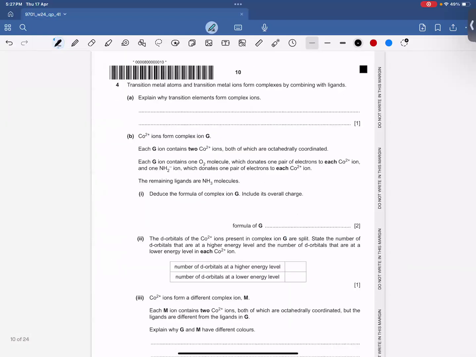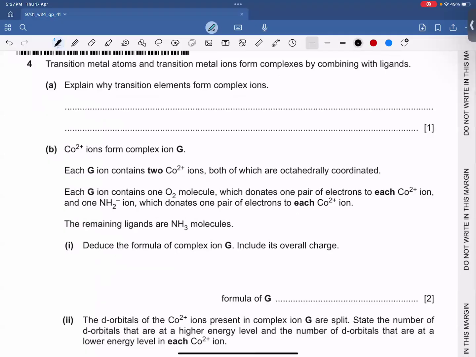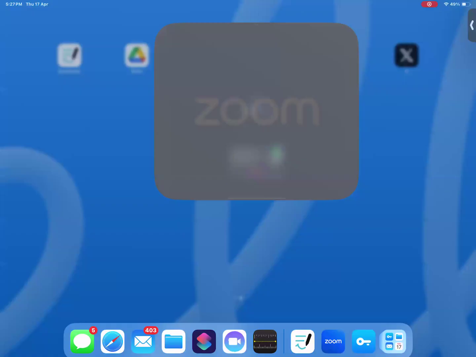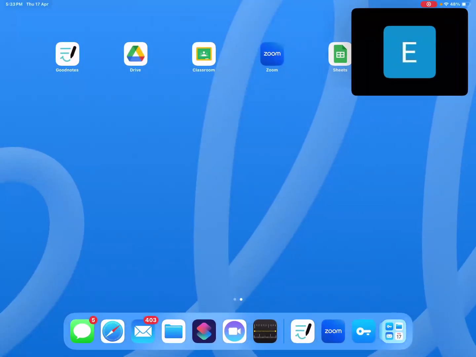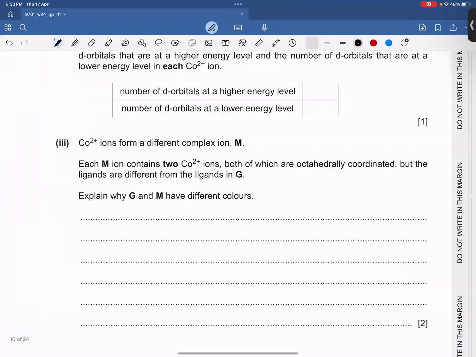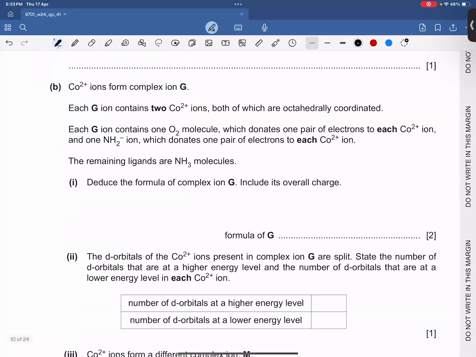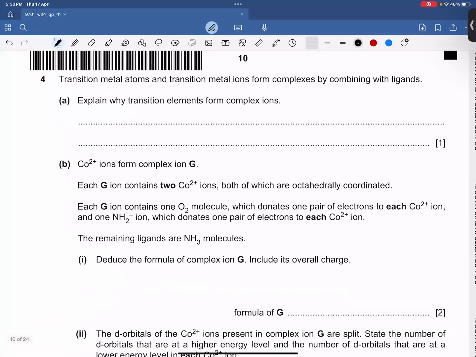Question number 4. So let's start question number 4. Transition elements and metal ions form complexes by combining with ligands. Explain why transition elements form complex ions.